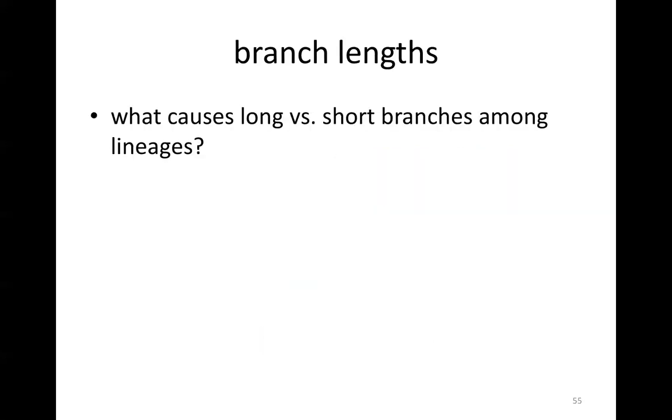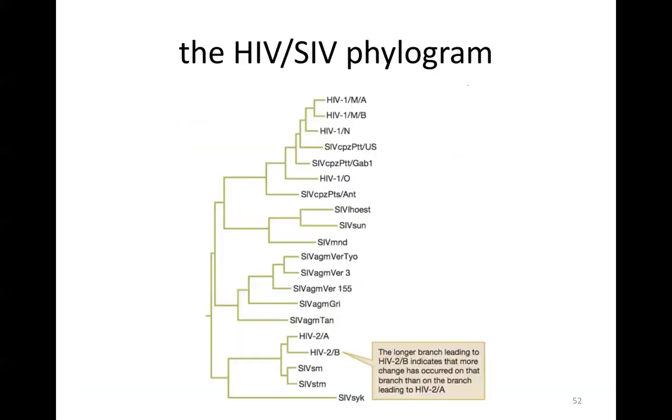Okay, and come back to the question about branch lengths. Why are some branch lengths short versus long? We already answered, if there's more change, but then you might ask, why does there happen more change? So for instance, in the case of SIV, aren't two SIV strains on Earth for the same amount of time?